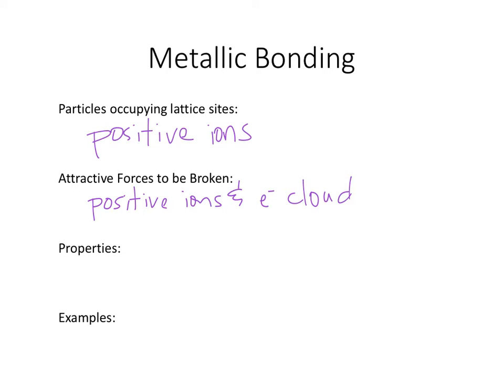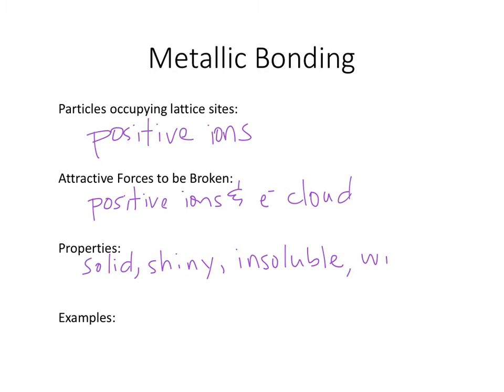So properties. Now, metals tend to vary. Some metals are soft like butter, some metals are liquid like mercury, and some metals are really hard like gold or platinum. So the properties really do vary a lot, but they tend to be solid at room temperature. They tend to be shiny, have a metallic luster. They tend to be insoluble in most liquids.